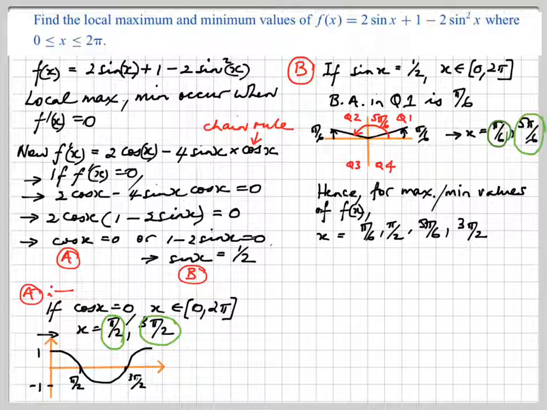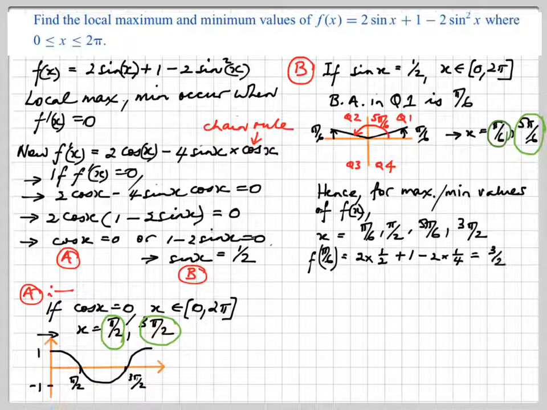Please reread the question. You've solved for x, you think you're finished, but you're not. We've got to find the local maximum and minimum values of f of x, not the x values at which they occur, the actual values. So we've got to plug the values of x we've found into the function, and we get all the successive answers.